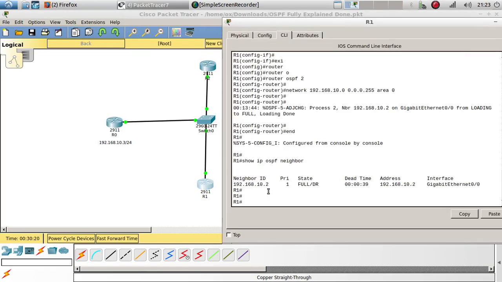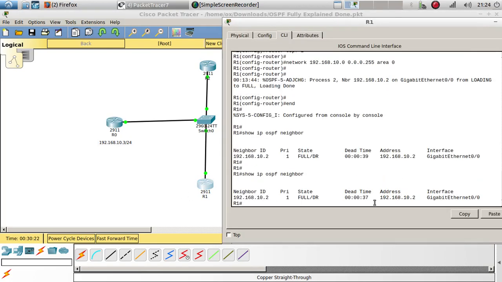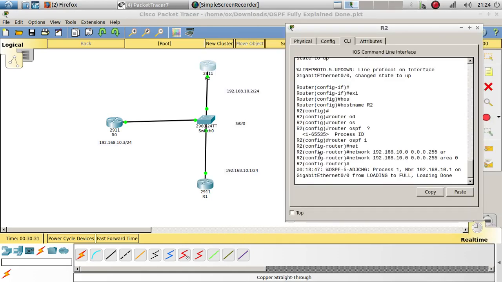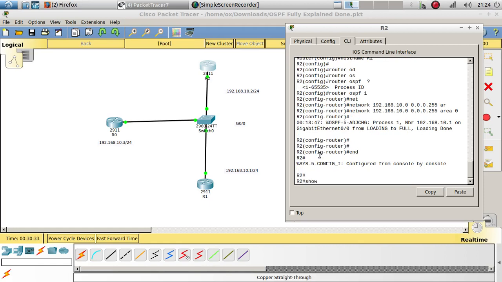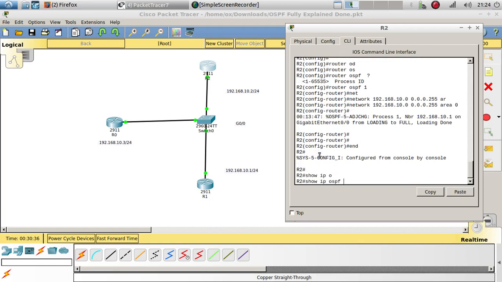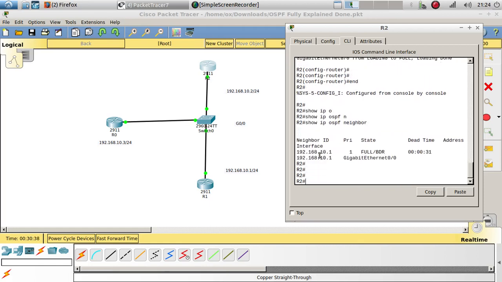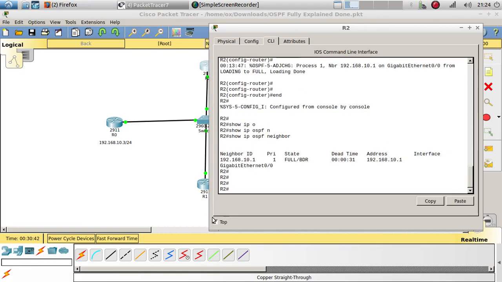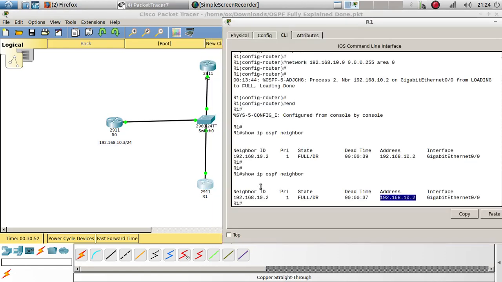So if you go over here we can see that we have a neighbor relationship with 2. Let's take a look over here. Show IP OSPF neighbor. And we see that we have a neighbor which is 168.10.1, which is this router over here.